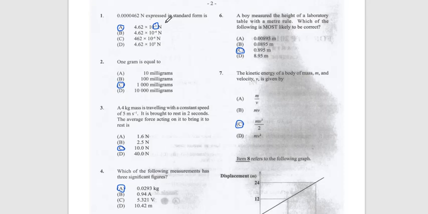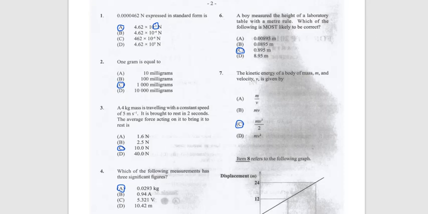And if the object is moving at a constant speed of 5 meters per second and it is brought to rest in 2 seconds, that means the deceleration of it would be 5 meters per second divided by 2 seconds. You would multiply that by the mass of the object to get 10 newtons.